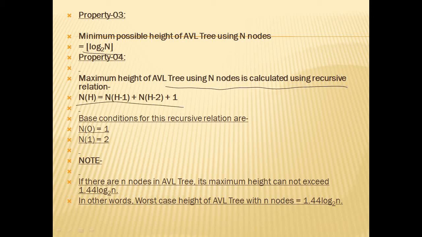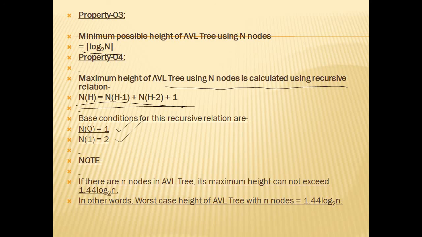The minimum height is calculated as log base 2 of n. The maximum height will be calculated using this function: N of h equals N of h minus 1 plus N of h minus 2 plus 1, and the base conditions are these two. These are the properties of the AVL tree, and I'm sharing some examples for this.